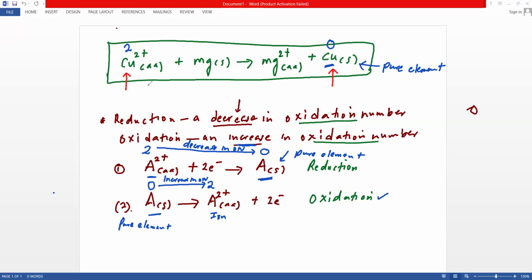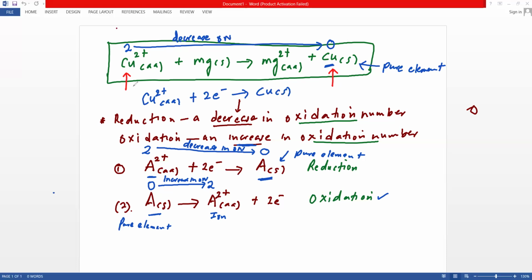So let's now compare. From 2, the oxidation number went to 0. So you see, there is a decrease in oxidation number. It is an indication that copper ion has gained 2 electrons to form copper element.